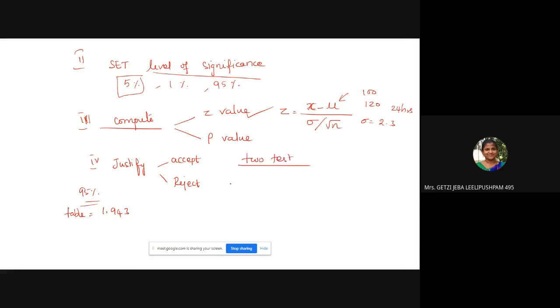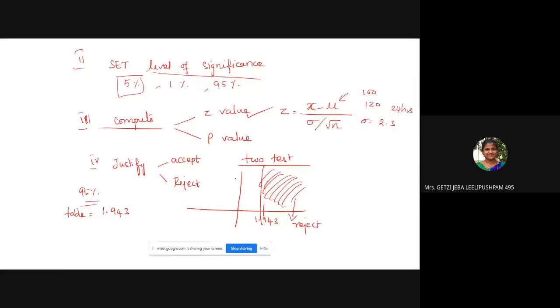One is the one-tail test. For example, 1.943 is this. If your computed Z score is greater than this, somewhere in this region, you will reject.